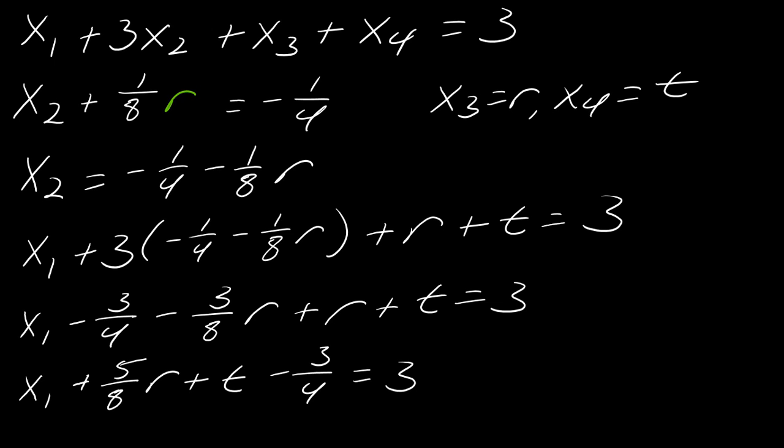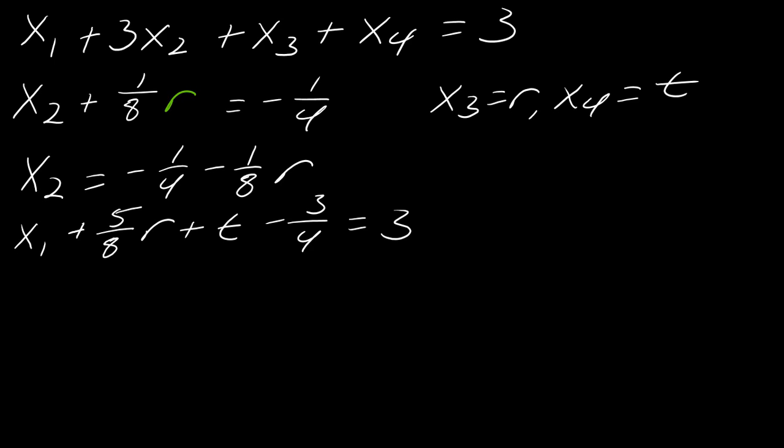Okay, so now let me clear a little more space again. Here's where I'm at with my x1. Now I just need to solve for it, so my x1 will equal negative 5/8 r minus t.